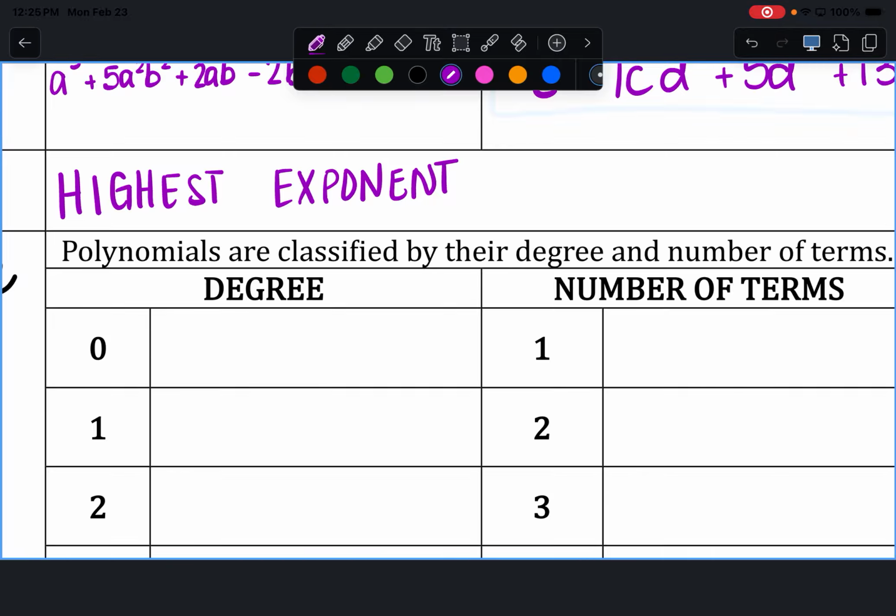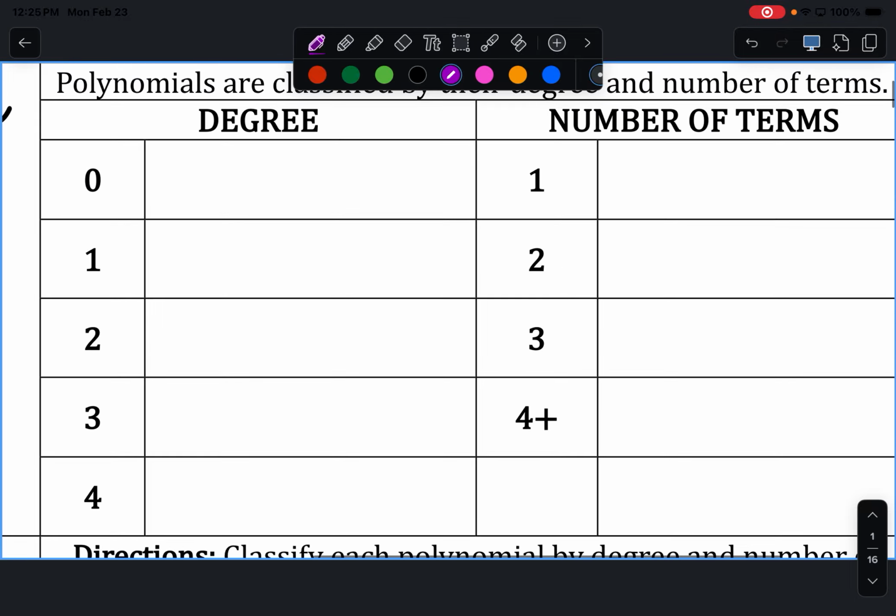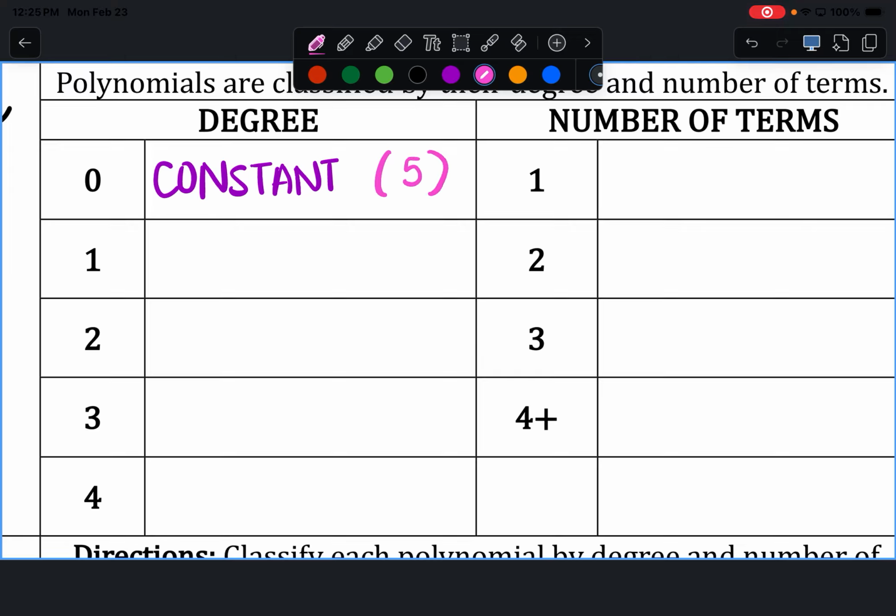When we have 0 degree, it has no variable, so we are looking at a constant. An example of that would be if you just had 5. That's a constant. It has a degree of 0 because there is no variable in there.